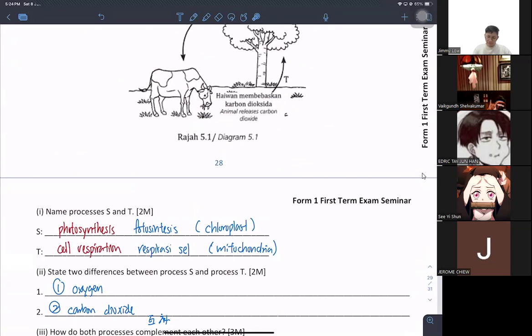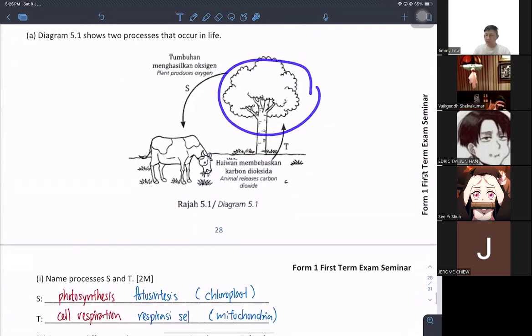Not just this, you can say when does it happen? Cell respiration happens every time, always happening. Not to say that you stop for 1 minute to do cell respiration, you will die. So 100% anytime doing. But photosynthesis only happens with the presence of light.